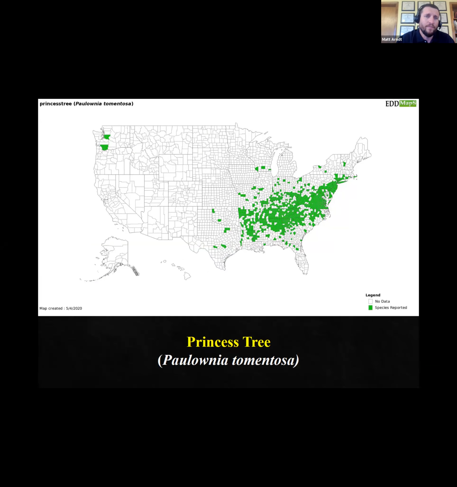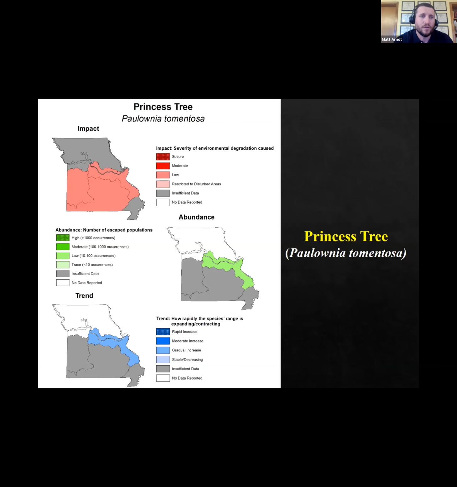You can see there are just a few scattered instances in Missouri. Comparing that to the MOEP version, our assessment, you can see that in a few parts of the state, only for impact is there reliable data, with three reviews for more than one region, and for trend and abundance, there's even less confidence, or at least fewer people willing to provide a report for those regions.